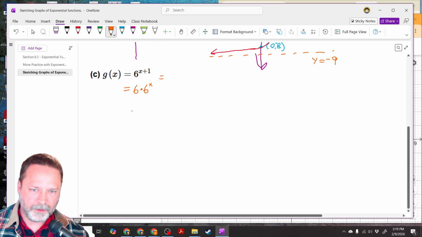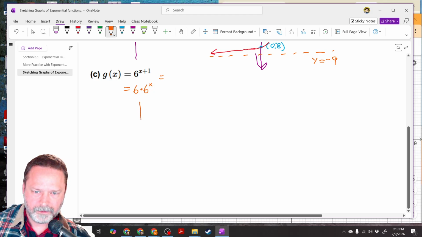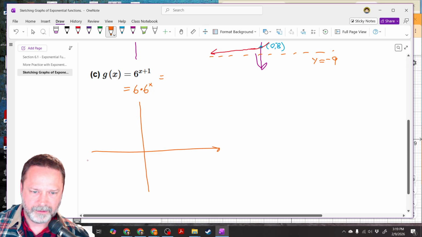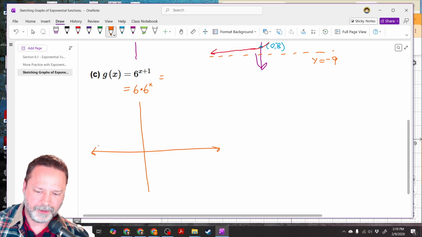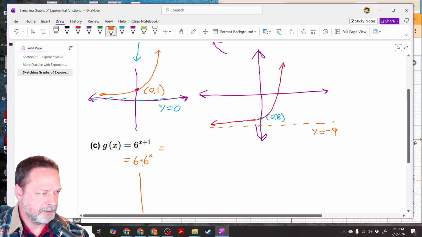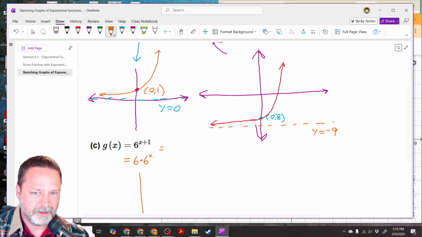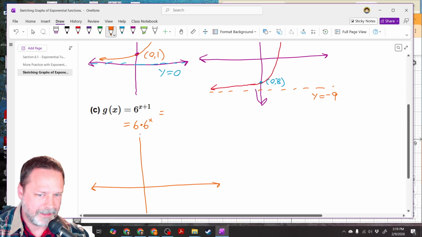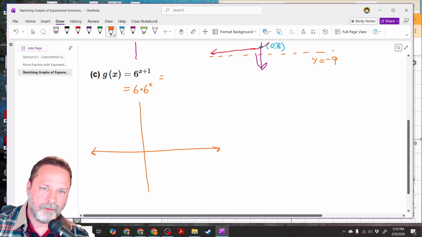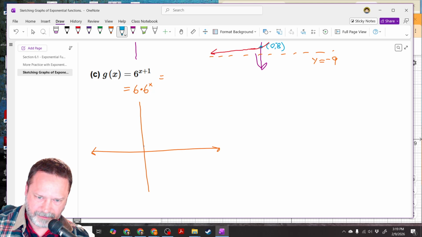Okay, so that does change one of my points a good deal. Everything's going to be bigger. It's still going to get close to 0, just take longer. This (0, 1) isn't going to be (0, 1) anymore. It's going to be (0, 6), multiplying that y value by 6. So (0, 1) is going to be up here more like (0, 6).